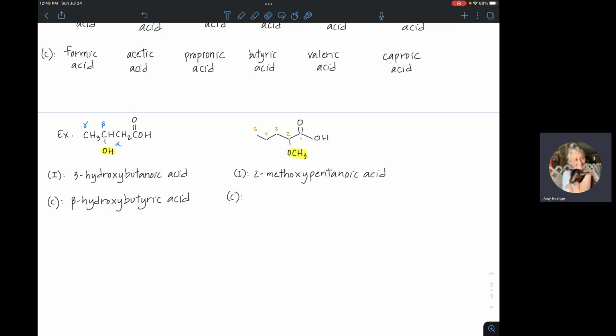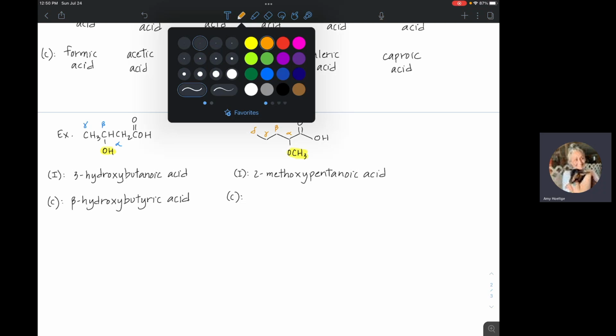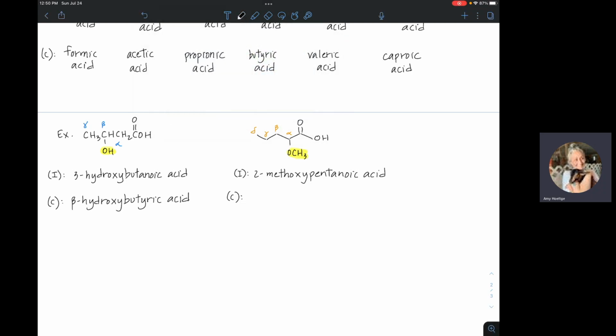Common nomenclature. We'll get rid of these numbers now that we know how many we have. This is our alpha carbon, beta. You don't have to do all of these, obviously your substituent's on the alpha carbon, but I wanted to show you as a reminder what they're called. We have an alpha, a beta, a gamma, and a delta carbon, and our methoxy group is on the alpha carbon. We'll talk about the acidity of the hydrogen on the alpha carbon when we get into aldehydes and ketones.